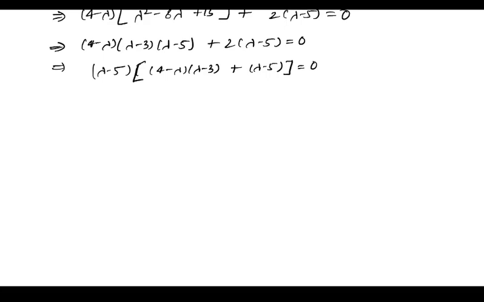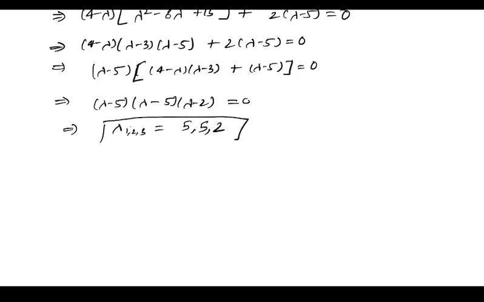Now when we solve this, what we'll get is (lambda minus 5), (lambda minus 5) again, and (lambda minus 2). You just open this and solve, and we get this equation, and therefore the 3 eigenvalues lambda 1, 2, 3 are 5, 5, 2.